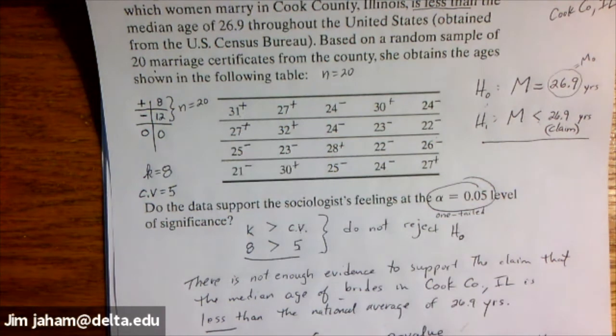And we can ask the question, in a situation where we have two outcomes, that is a binomial setting, what's the probability of getting a certain number of plus signs or a certain number of minus signs in the binomial distribution? So we're going to do it this way.